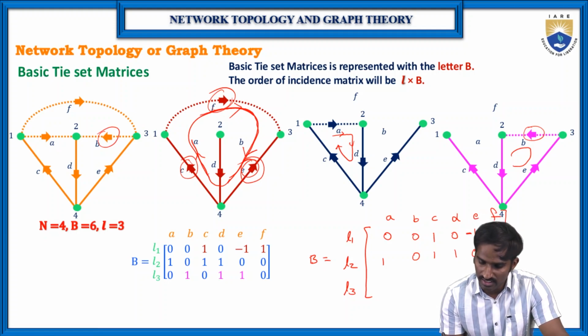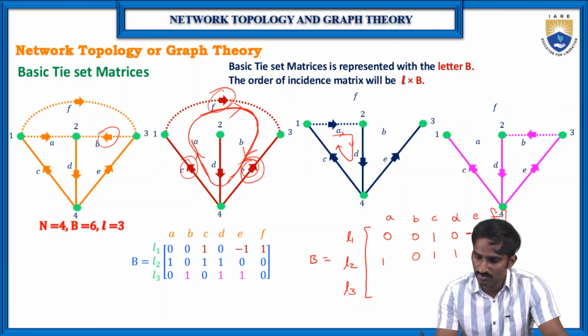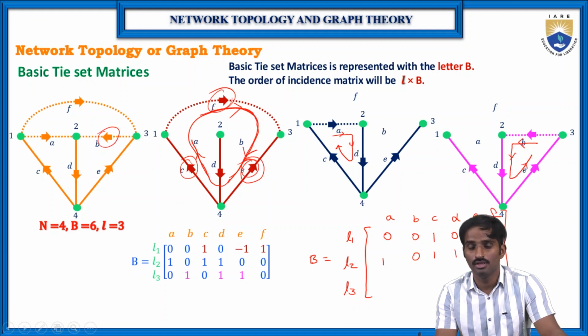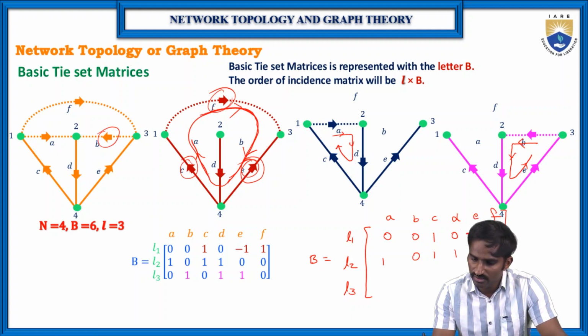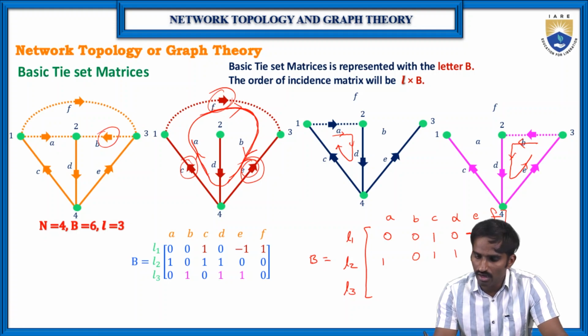Then coming to L3, this one. Here the direction is with respect to B, so this is the direction. As you can see, B, D, E, all others are 0.